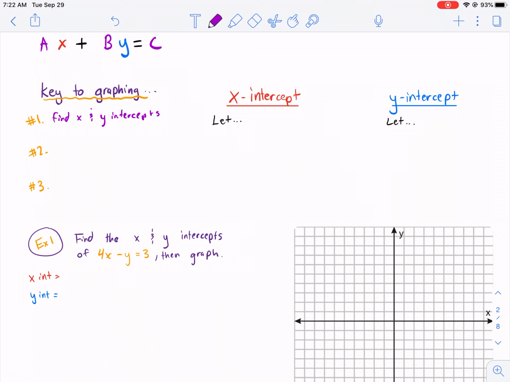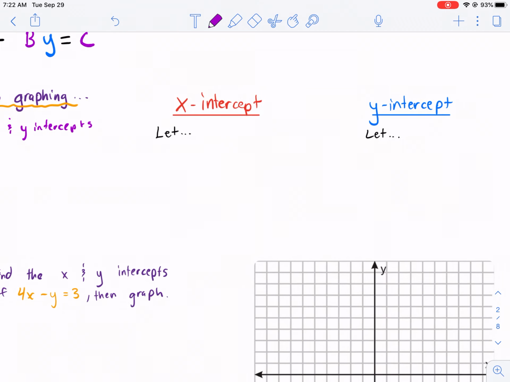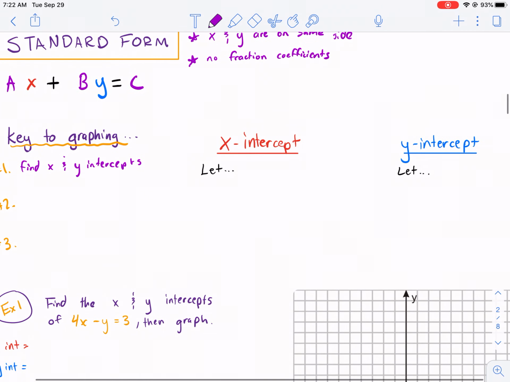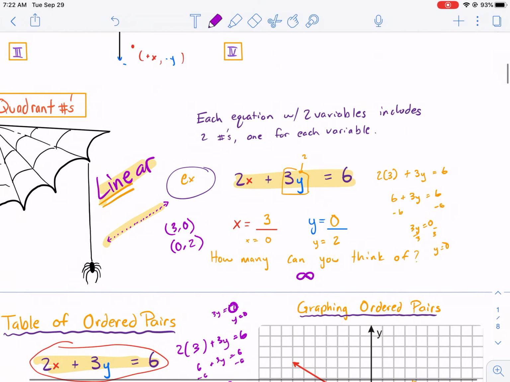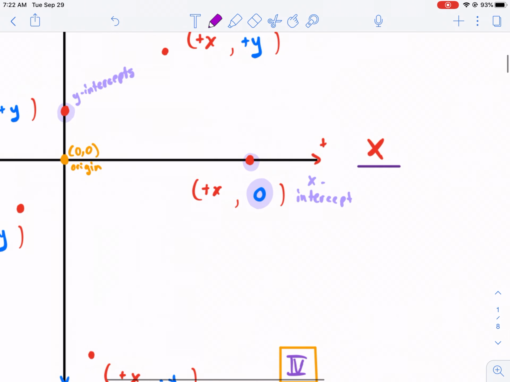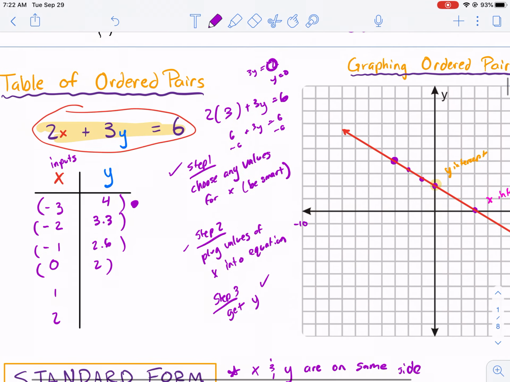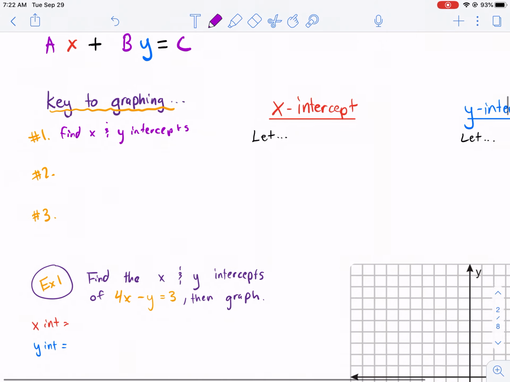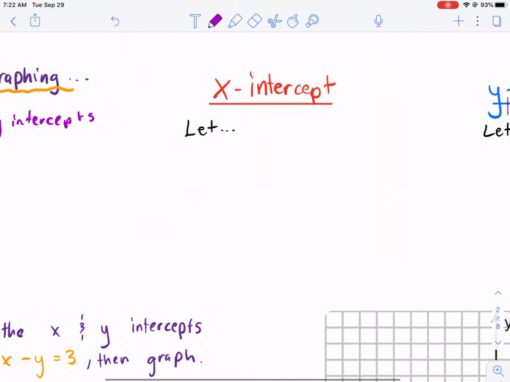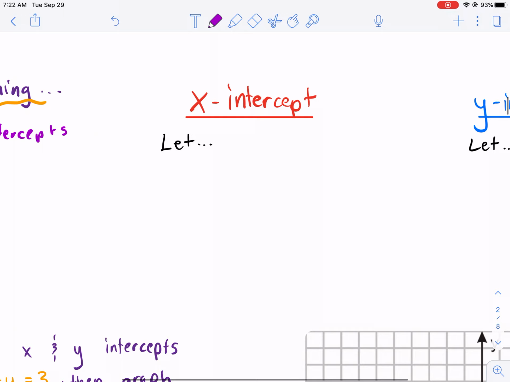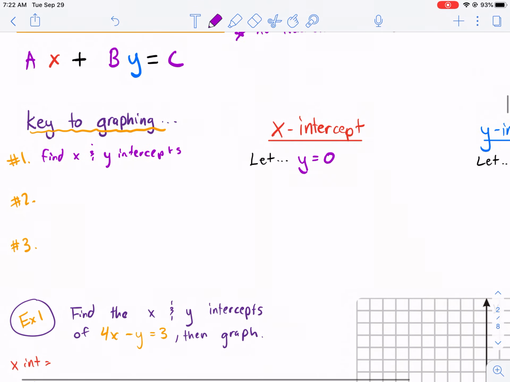Okay. Now, how do you find the X and Y intercepts? Well, we kind of did this in the previous examples in the other video, but essentially what we found out, if I scroll up here, is that the X-intercept always has a Y value of 0, and the Y-intercept always has an X value of 0. So if we come back here, and we want to find the X-intercept, then we need to let Y equal 0 in our equation, okay?